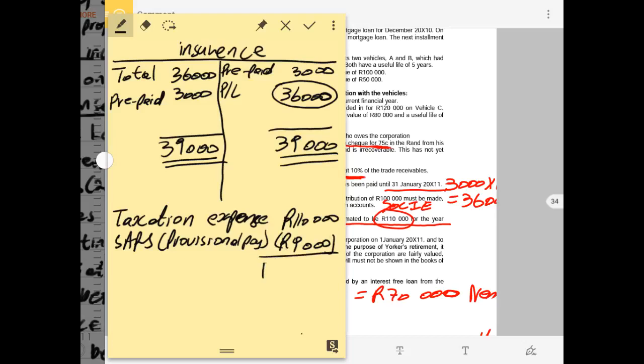So now after you have done that, you'll realize that the difference is 20,000 rands. 110 minus 90, that gave us 20,000 rands.